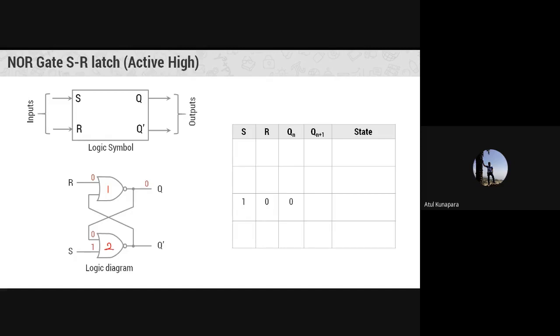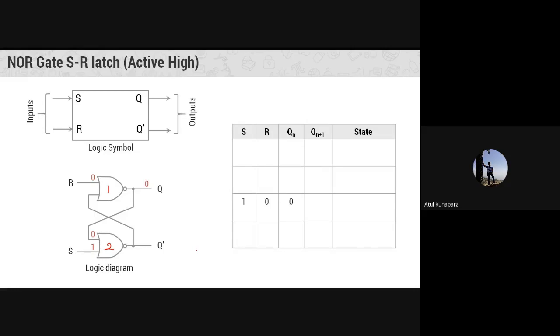So you can see that prior to the application of R and S, let us say we understand that output Q is equal to 0. Before you have applied S equal to 1 and R equal to 0, your Q was already 0. Now we are calculating what your next output will be because of the R and S input given. The Q which was 0 will come at the input of NOR gate number 2, and another input is coming from S. So the two inputs of the NOR gate will be 0 and 1.